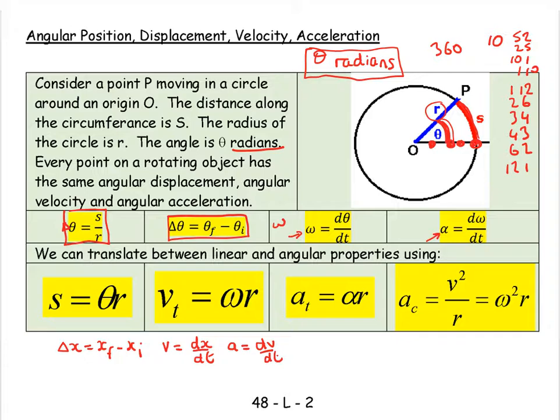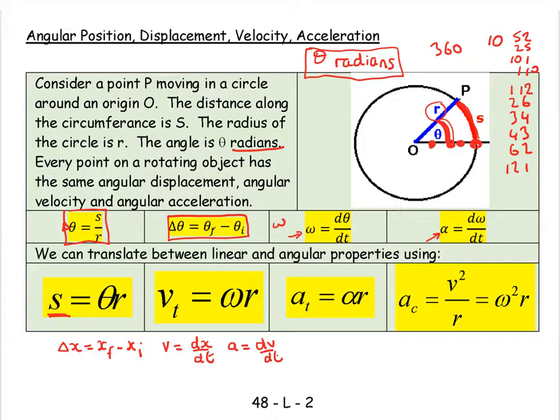So what we find is that we can translate between linear and angular properties, and we can do it this way. We say our arc length, our tangential displacement, if you like, S, is equal to, well, we get it from this basic equation, don't we?